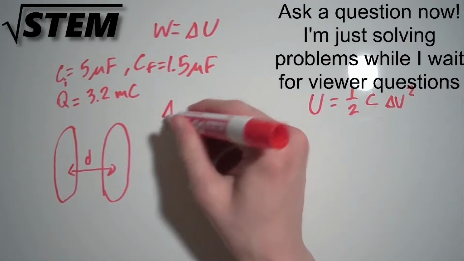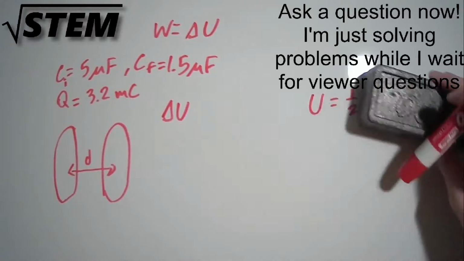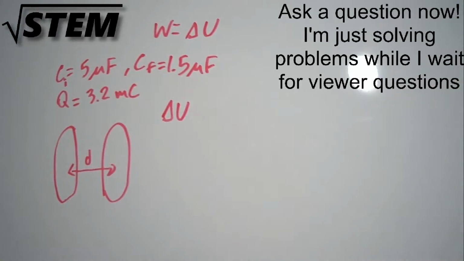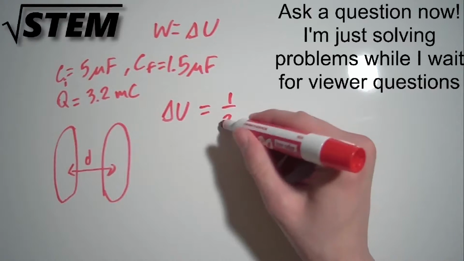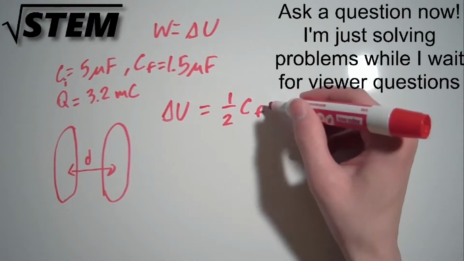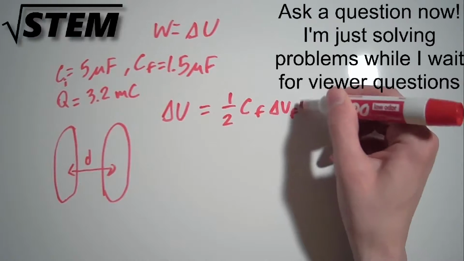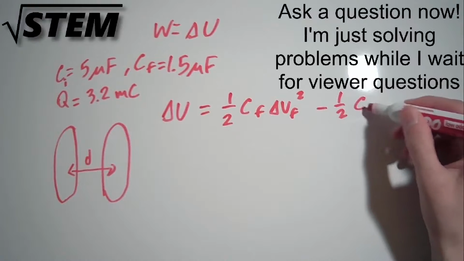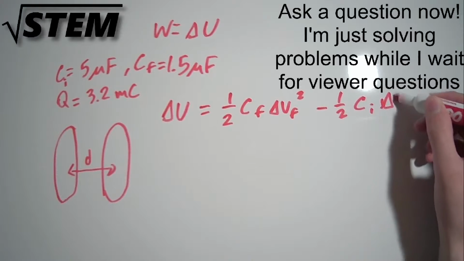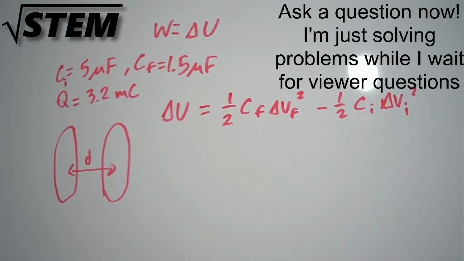So delta U would be final minus initial: 1/2 C final delta V final squared minus 1/2 C initial delta V initial squared.